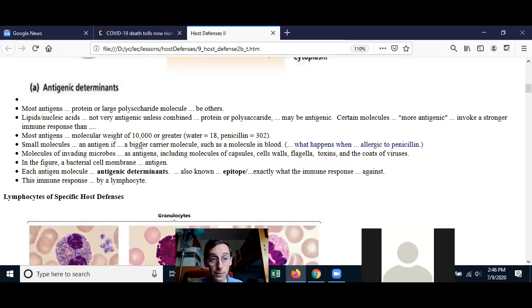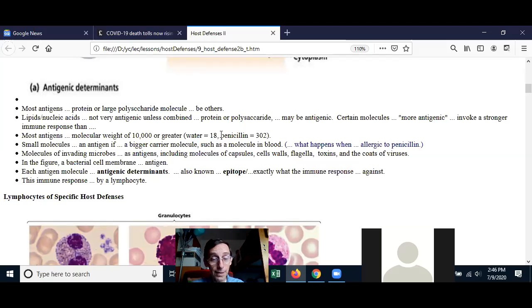That means most antigens have a molecular weight of 10,000 or greater. That probably doesn't mean a whole lot to you, so let me give you a comparison. Water, which is H2O, has a molecular weight of 18. So water is a small molecule.